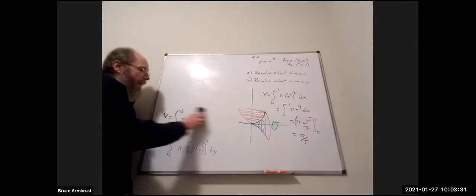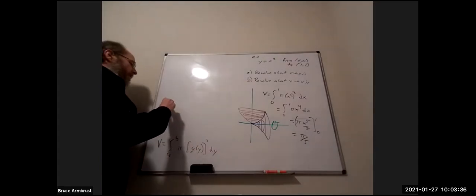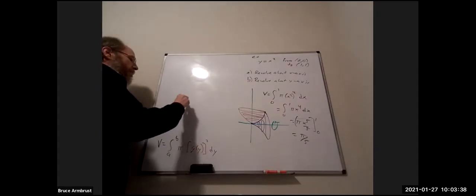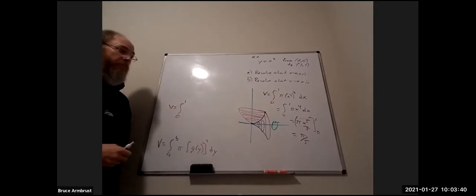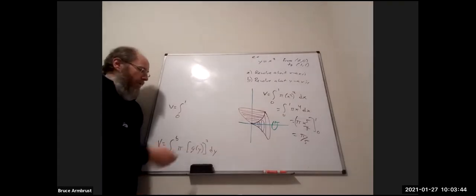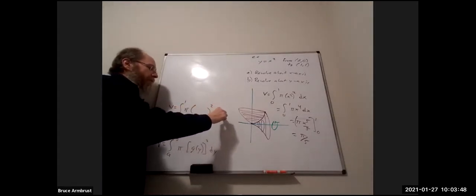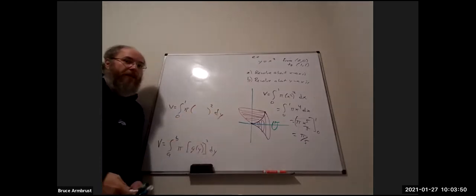But if we go about the y-axis, this is what it's going to look like. We're still going to integrate from 0 to 1 because the y values are 0 to 1. But now we need a different function that we're squaring. I'm not going to put in x squared, because that's the function as a function of x.